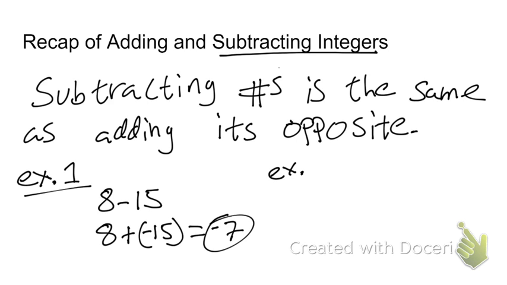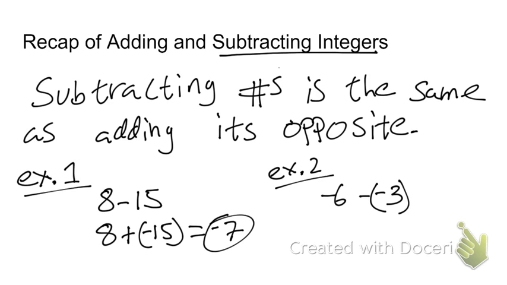Let's do example 2. So let's see, I got -6 minus -3. So let's think about what number we're subtracting here. We're subtracting -3, right? So looking at that statement again, it says subtracting a number is the same as adding its opposite.